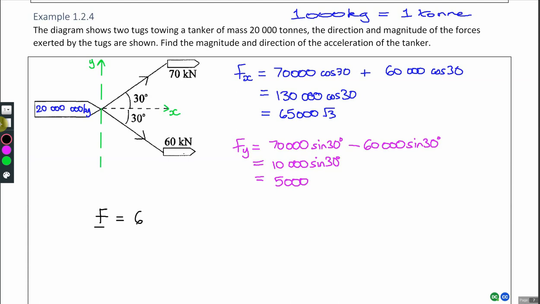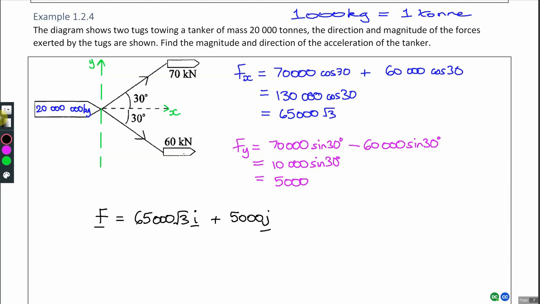So I can write this as 65,000 root 3 times i. Make sure you underline i because it's a vector. Plus 5,000 j. Vectors are really useful when you get used to them. So that is the resultant force, and we've written it in vector notation. That's the resultant of the two forces in the diagram.